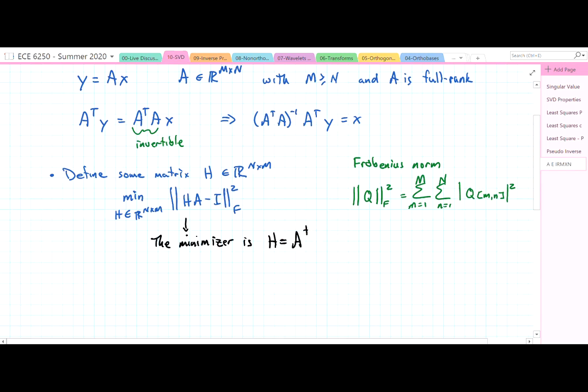And so this also works for the right inverse.